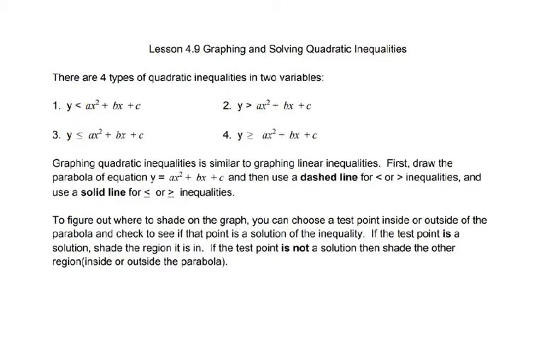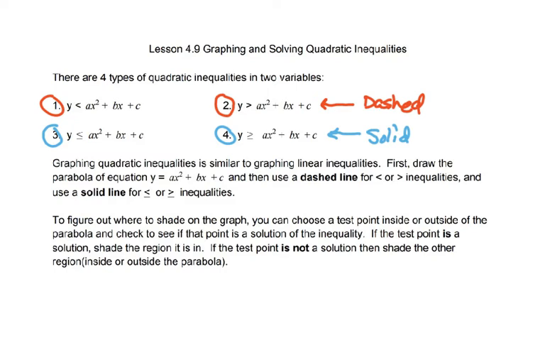So one of the things these notes say in this paragraph is these two signs, as usual, are going to be dashed. So that would be 1 and 2. And then the less than or equal to and the greater than or equal to will be solid. So based on those signs, you'll know whether it's dashed or solid.